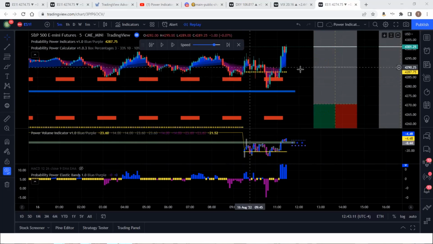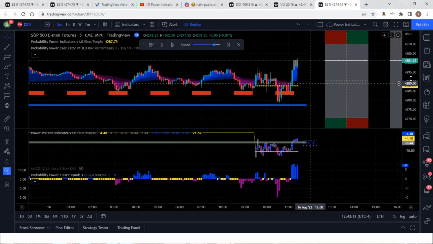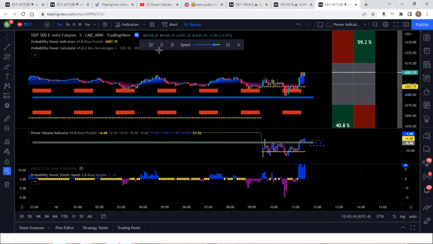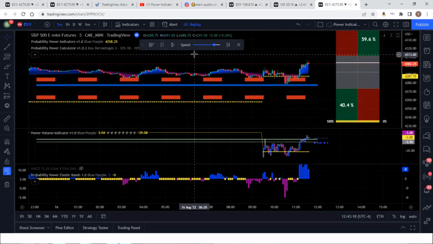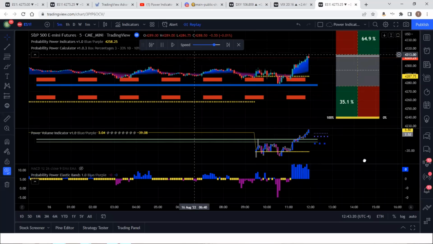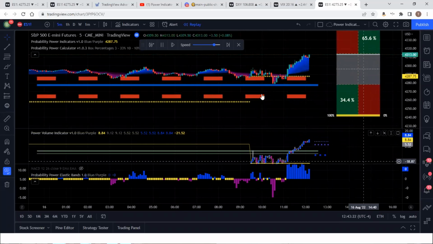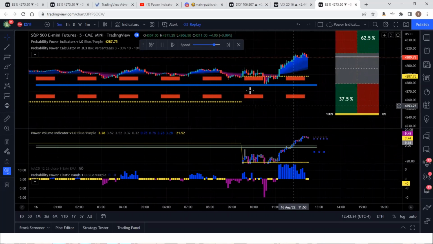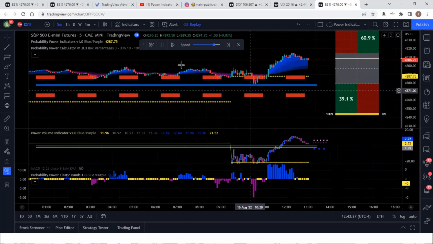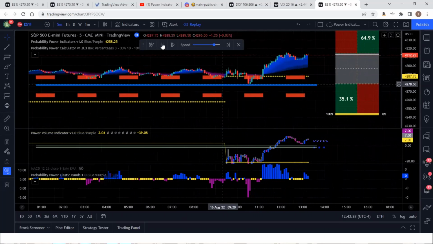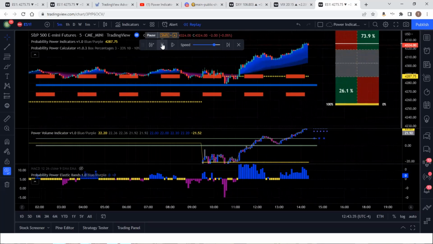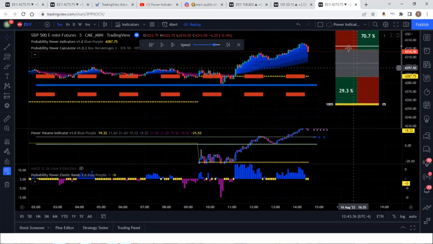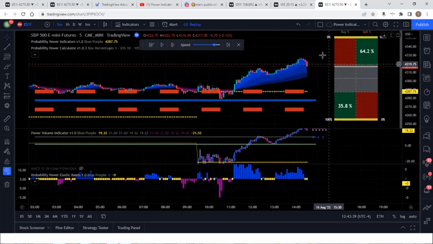All right, so let me zoom this back out a little bit. Continue playing this. Okay, now price keeps going higher, and it gets into the red zone on the probability calculator.